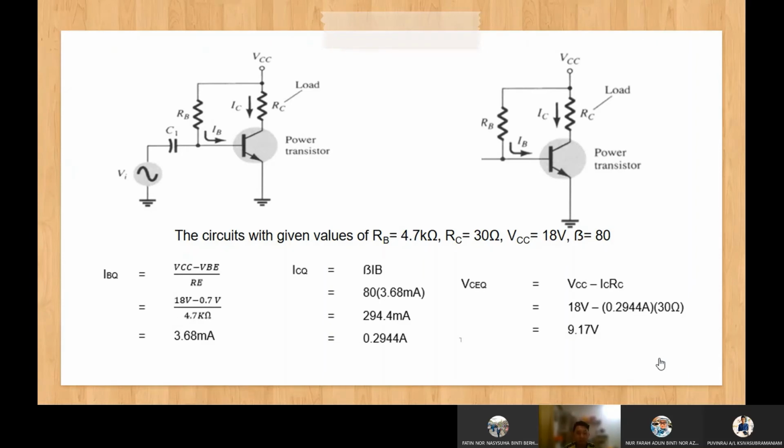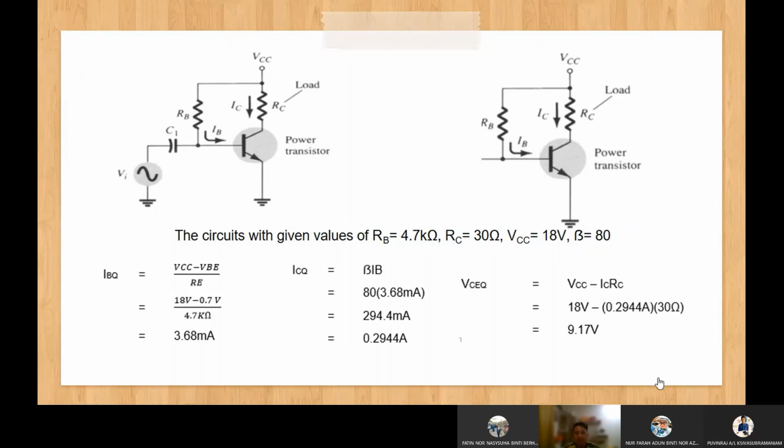By applying the DC analysis, we can obtain three values: IBQ, ICQ, and VCEQ. For IBQ, by using the formula VCC minus VBE over RB and inserting the values given, we obtain IBQ, which is 3.6 milliampere.